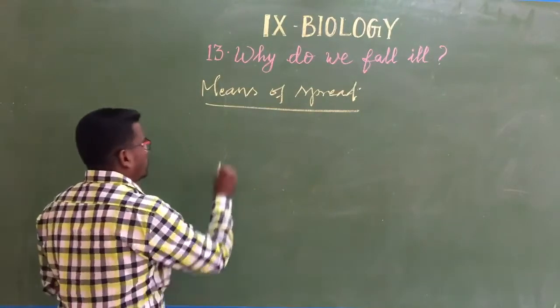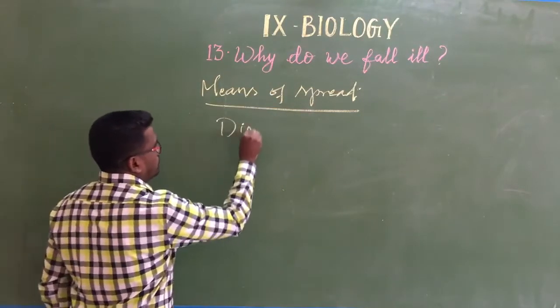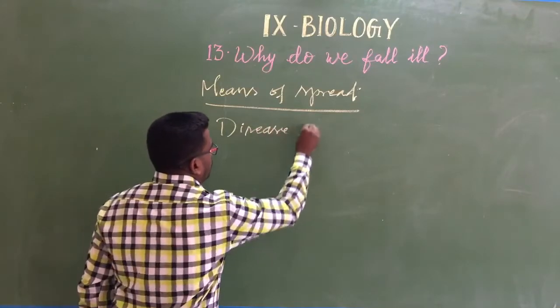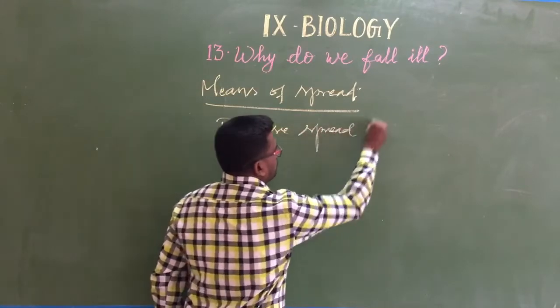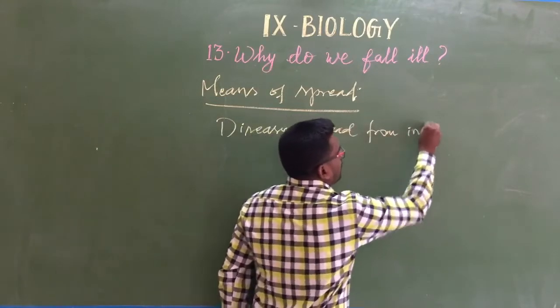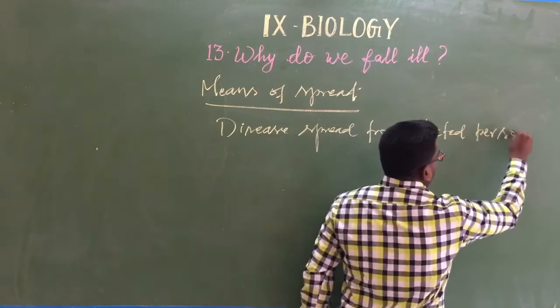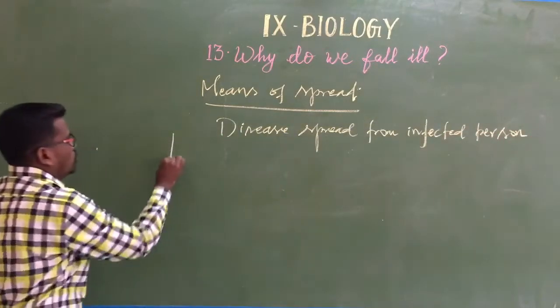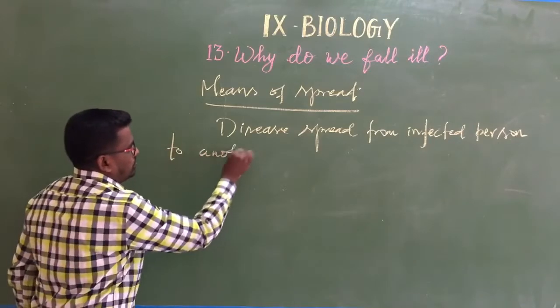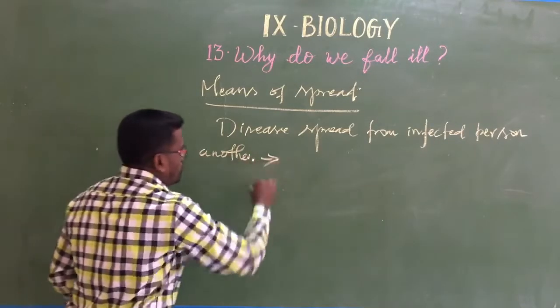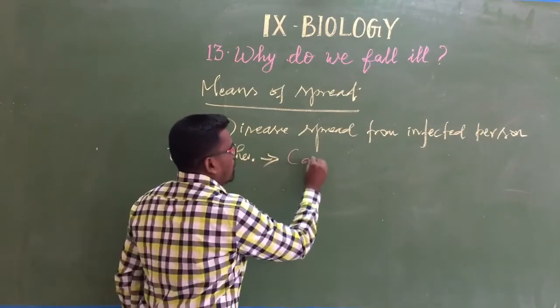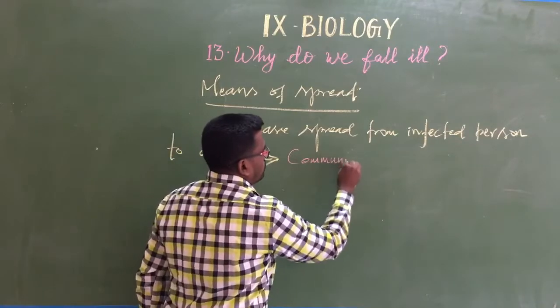The disease spreads from an infected person to another. This is called communicable disease.